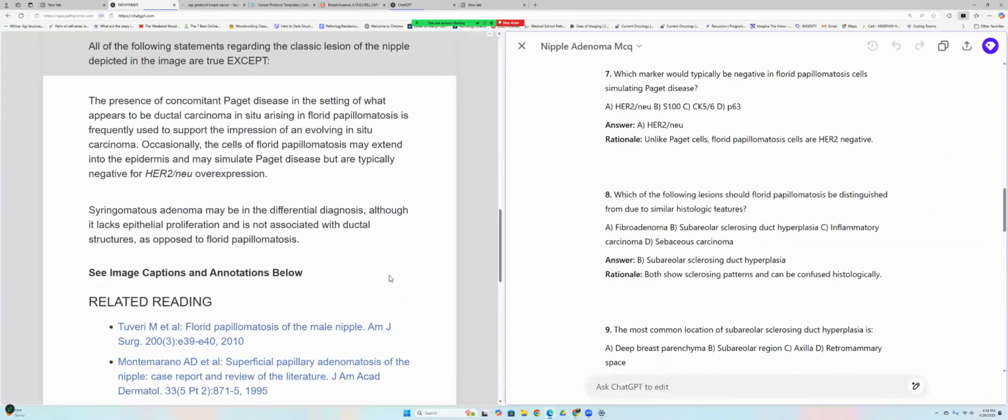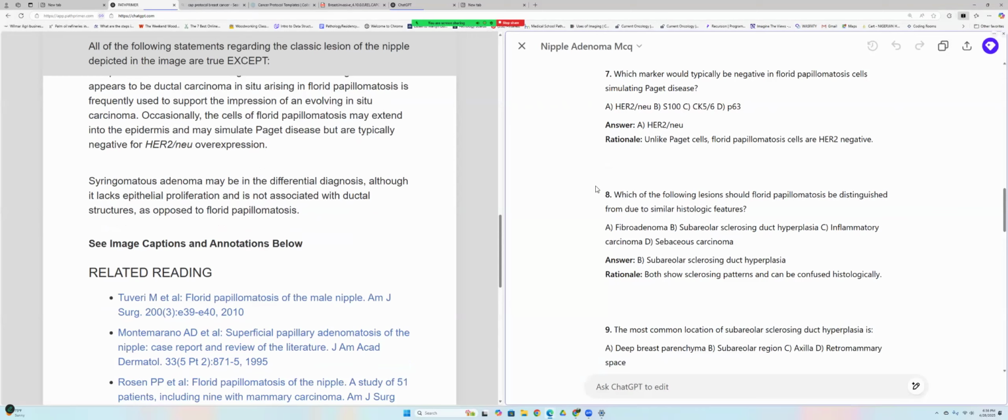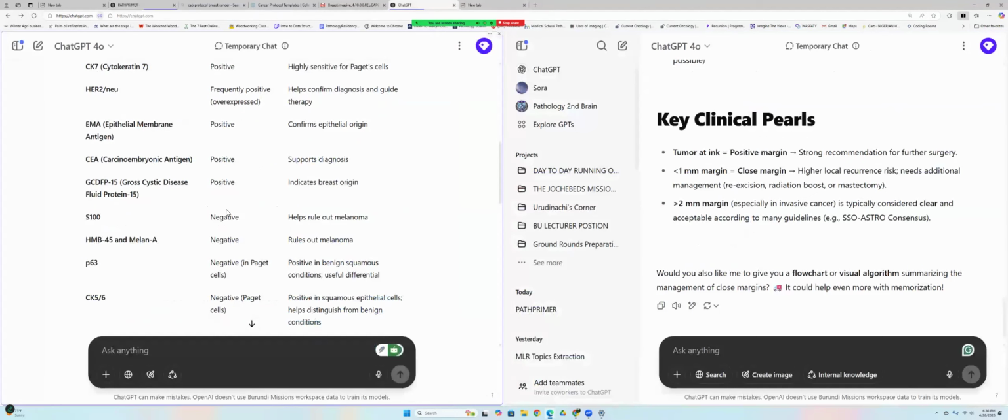Sometimes this disease, florid papillomatosis of the nipple, can spread to the nipple skin. Look at the example patches. So how do you differentiate it? We do Paget markers. You do CK7. S100 is normally negative, so it's not useful.